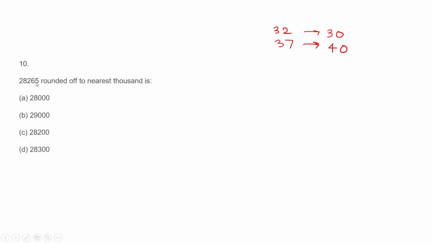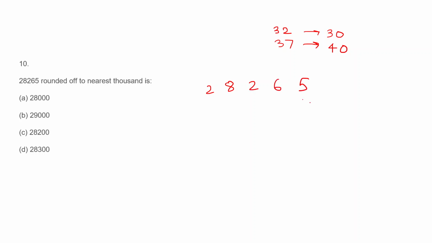Similar thing here, we need to round it off to the nearest thousand. So ones, tens, hundreds, thousands. That means we need to round off these hundreds to the thousand. Let me write here, this is 2, 8, 2, 6, 5.